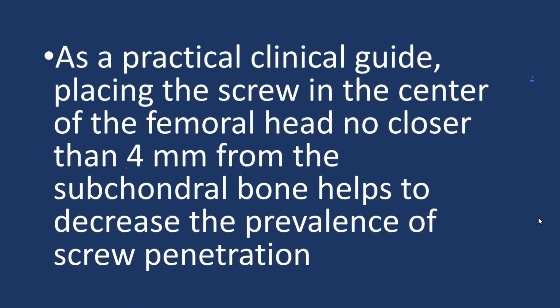As a practical clinical guide, placing the screw in the center of the femoral head no closer than 4 millimeters from the subchondral bone helps to decrease the prevalence of screw penetration.